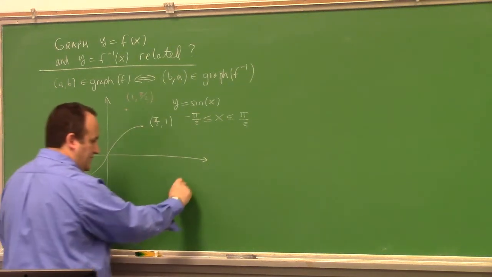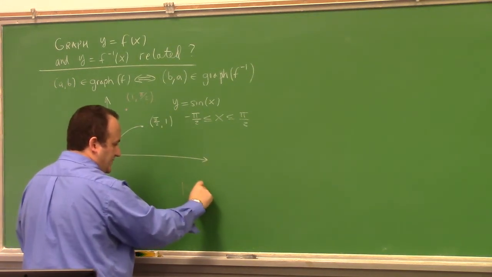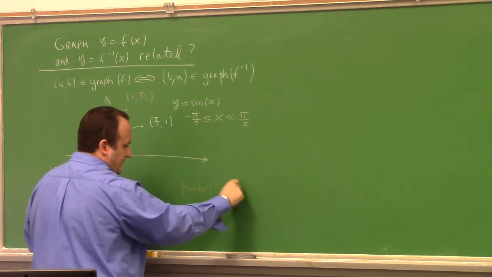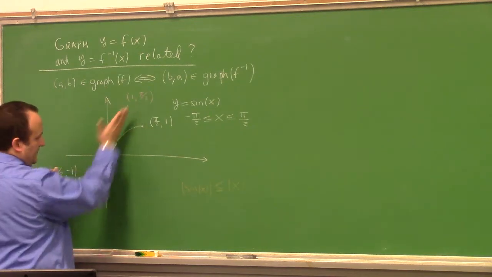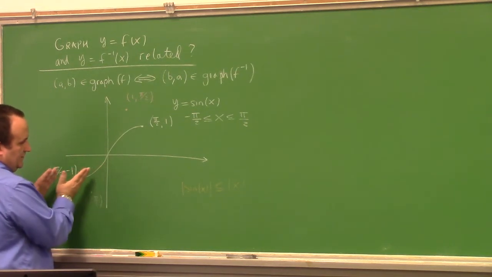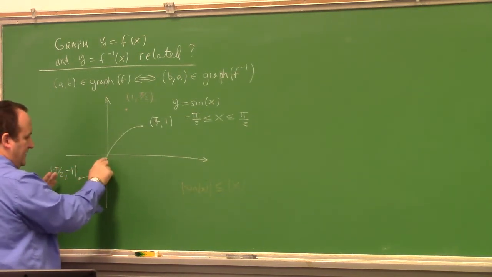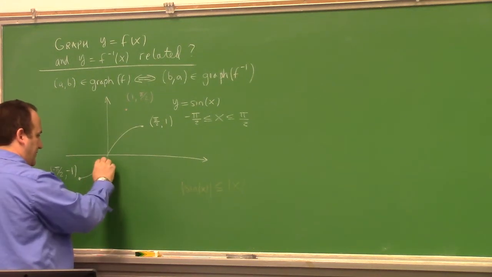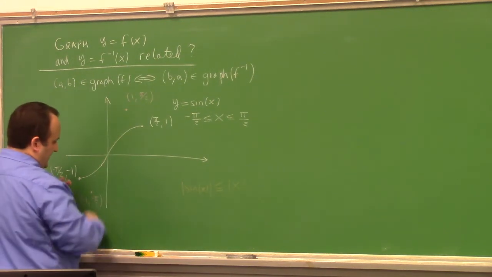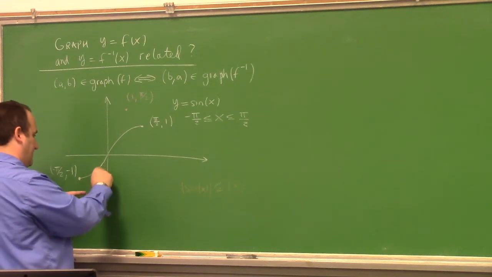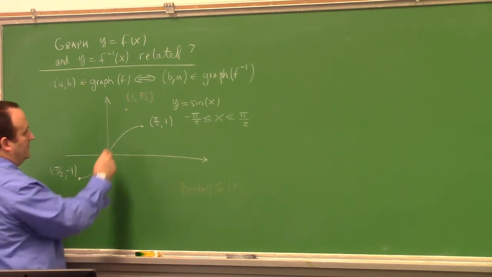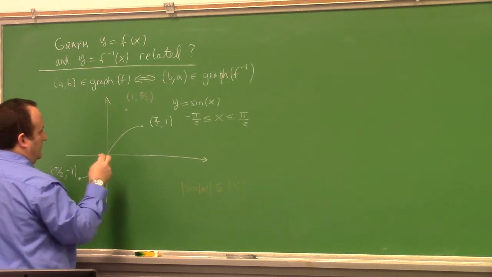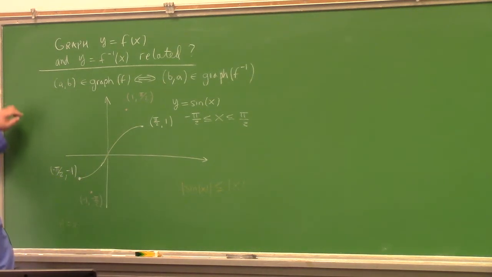Remember, we needed to use that the absolute value of sine x is less than or equal to the absolute value of x to prove the continuity of sine. So I know that y equals x is above this and it's below that.